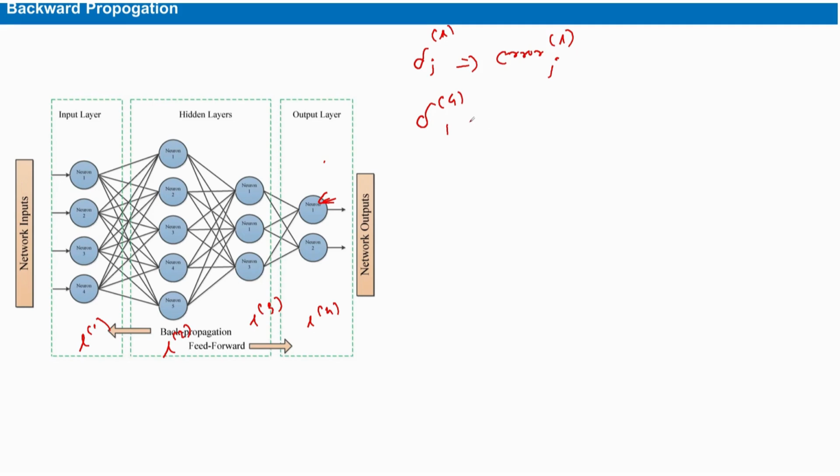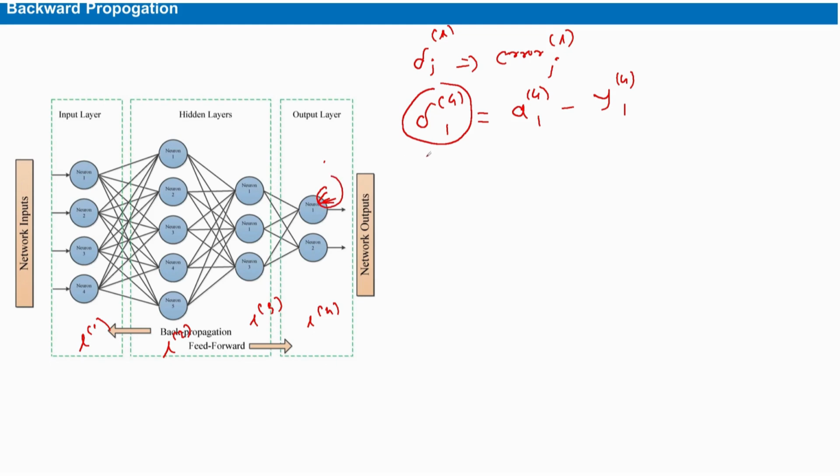I will compute it as the activation in the fourth layer at the first neuron, minus the actual value in the fourth layer at the first neuron. In this way I will get the error with respect to this neuron.